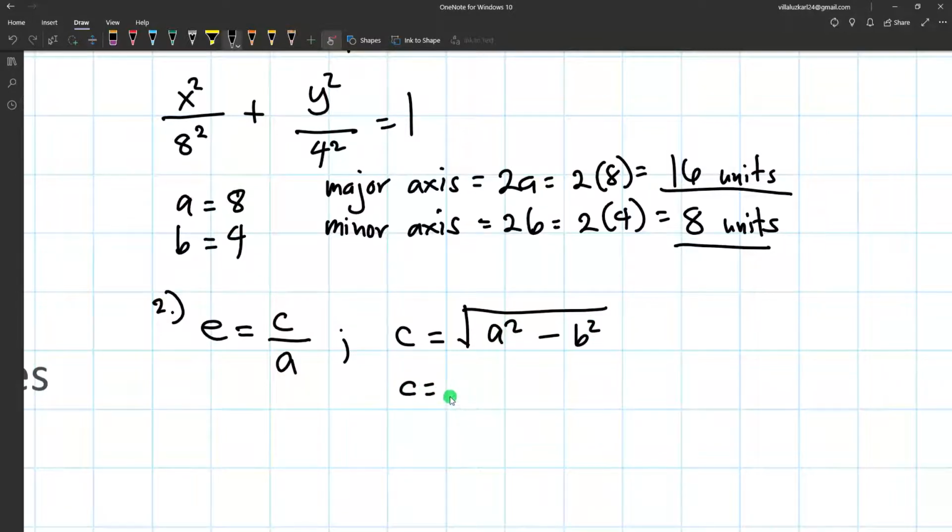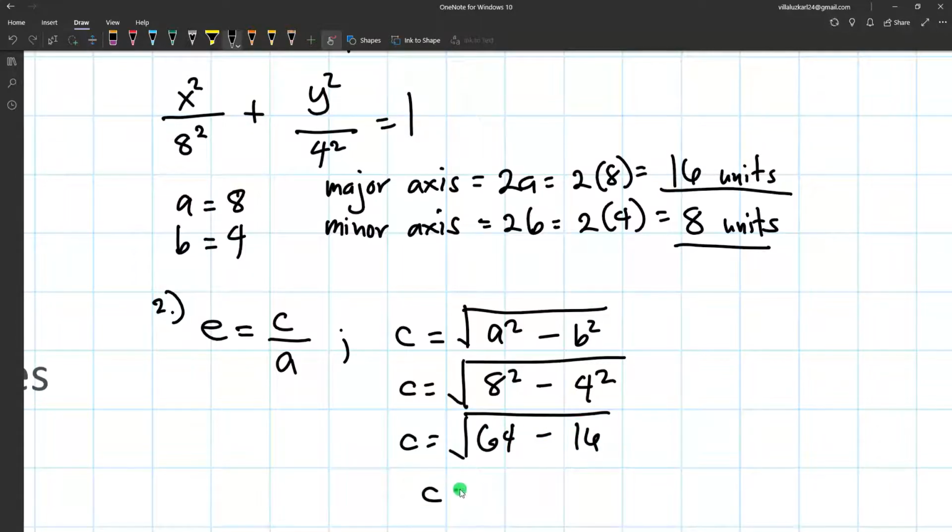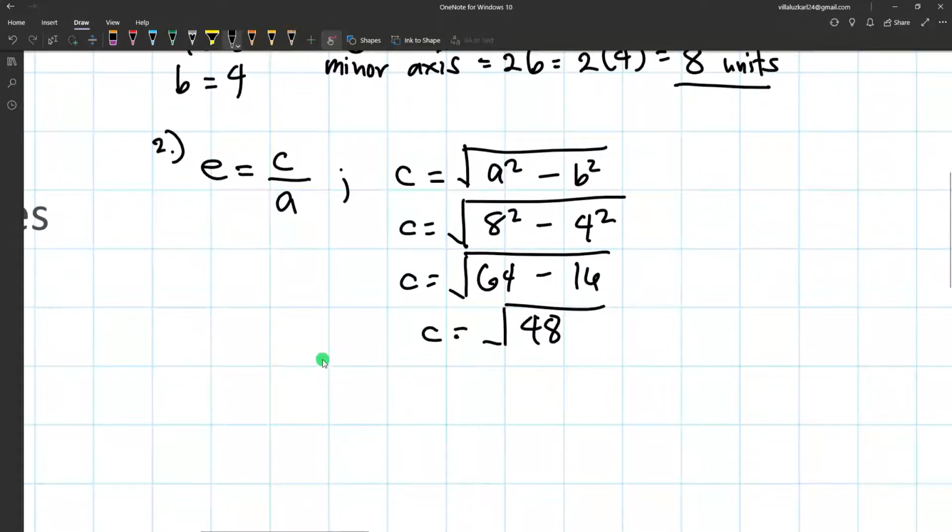C therefore is equal to the square root of 8 squared minus 4 squared, or the square root of 64 minus 16, which is 48. The square root of 48 is equivalent to the square root of 16 times 3.